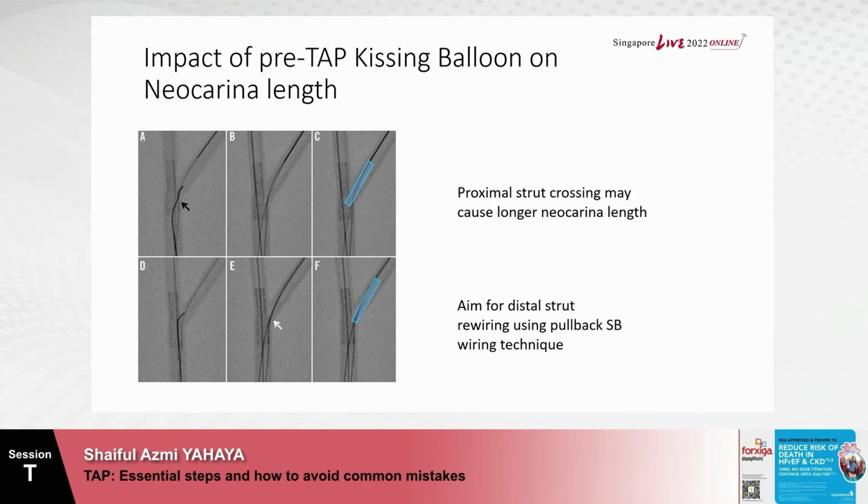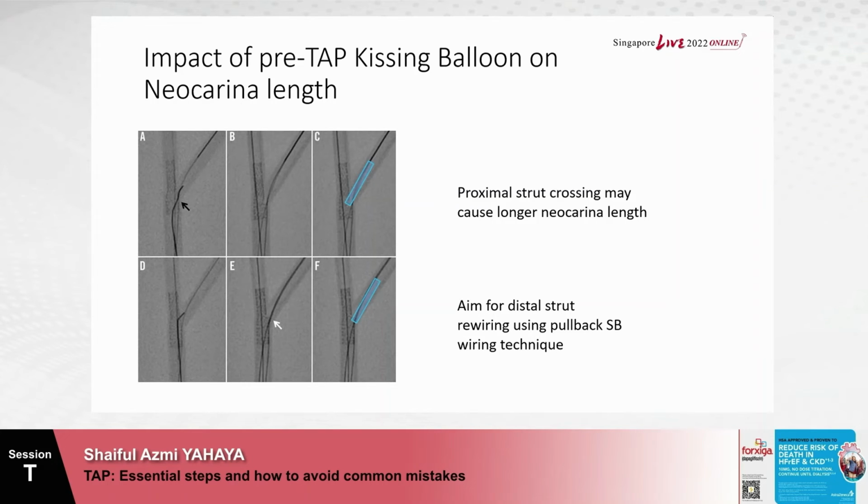Now, this is the impact of pre-TAP kissing balloon. What we need to do to ensure that the strut of the main vessel opens well is to try to use a distal strut, because if you use a distal strut, the chances of you having a lot of neocarina would be much less.